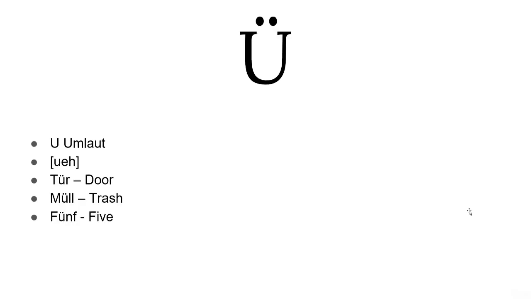The last letter of the umlauts is U umlaut. This letter is pronounced Ü. To get the sound, start with a normal U and then make your lips even closer to each other. Try to pronounce those words with me.